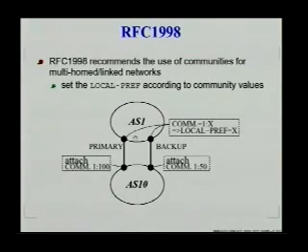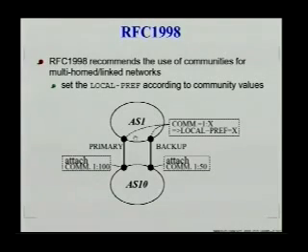For instance, here AS10 would like to do some kind of load balancing over its two links and announce certain prefixes on one link and other prefixes on the other link. The problem with that method is that if one link fails, you lose a part of your reachability.